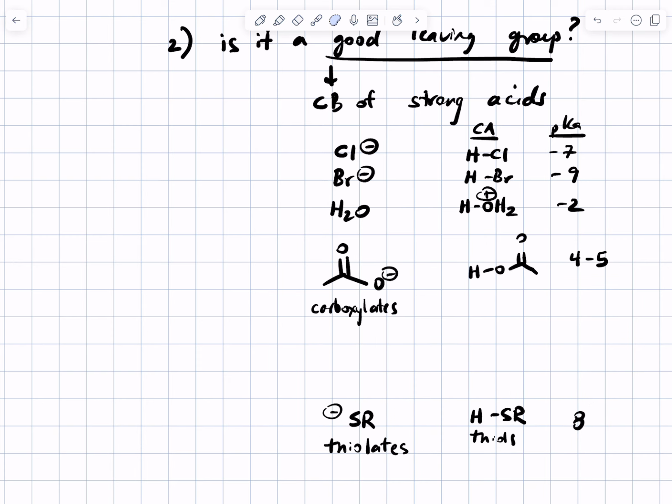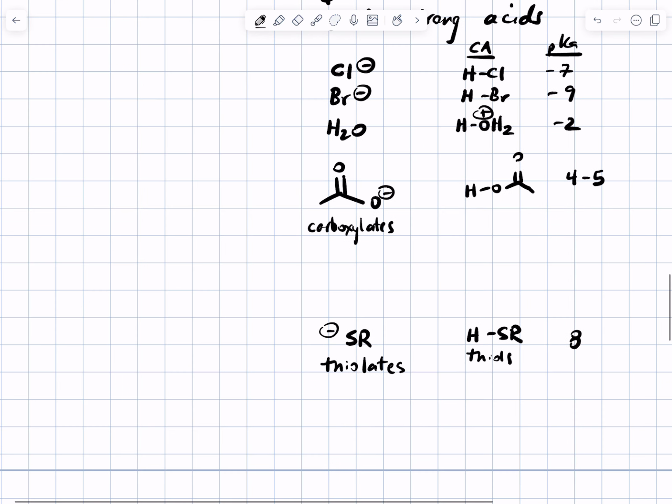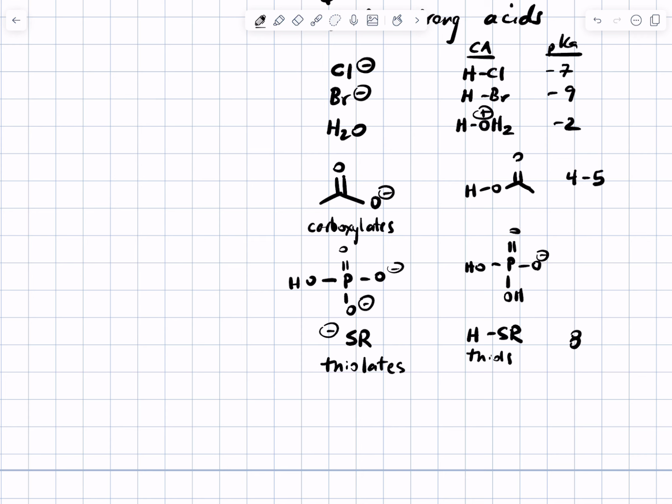Other good leaving groups that you will encounter this semester that may be a little bit unfamiliar to you include phosphate groups. Phosphate is one of these polyprotic things that you hated from general chemistry, but the pKa of the conjugate acid of this phosphate group here, the monohydrogen phosphate, is around 7.